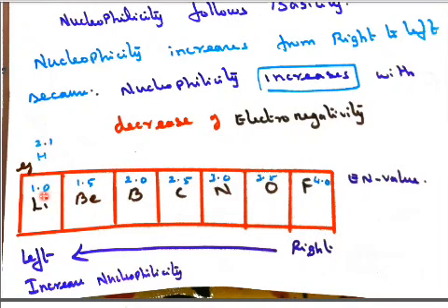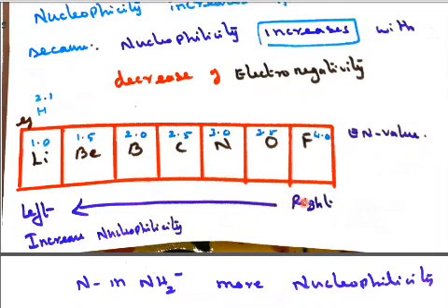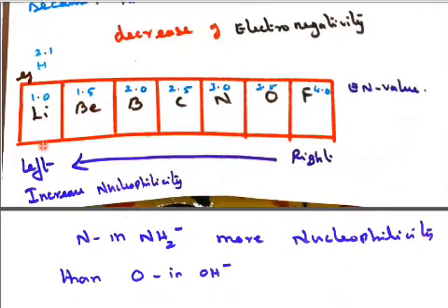Easily you can remember: lithium first group, second group, third group, fourth group, fifth group, sixth group, seventh group. So 1.0, 1.5, boron 2.0, carbon 2.5, nitrogen 3.0, oxygen 3.5, fluorine 4.0. These are the electronegativity values; from right to left, nucleophilicity increases as the electronegativity value decreases.